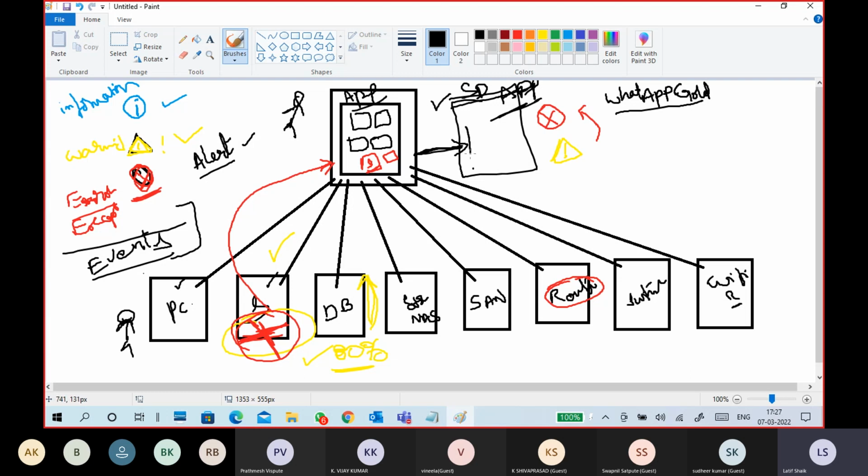Then they immediately forward this information to the technical team. When they tell the technical team, they say it is an incident. An incident has occurred.